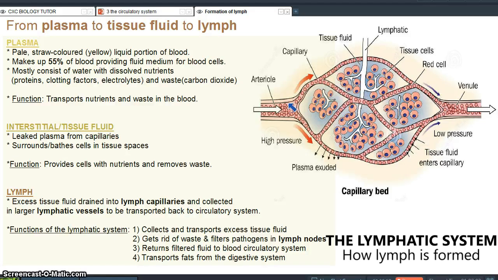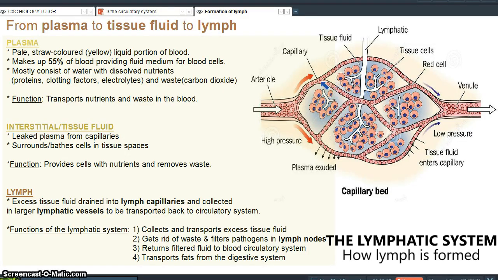So the blood is transported through the capillary. As I said before, the capillary has tiny gaps, so the plasma in the blood leaks out into the cells that make up the tissue.